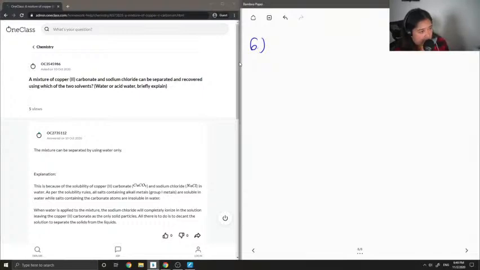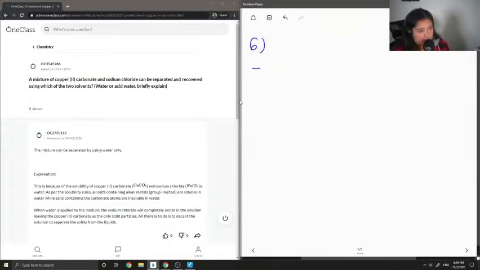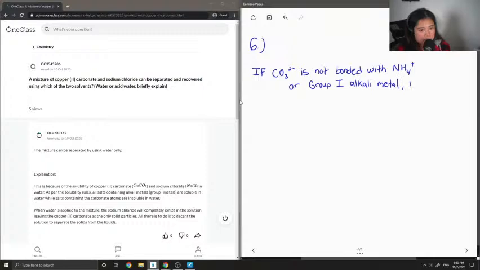If you remember from the first question, if the carbonate ion is not bonded with NH4 plus or a group 1 alkali metal, it is insoluble in water.